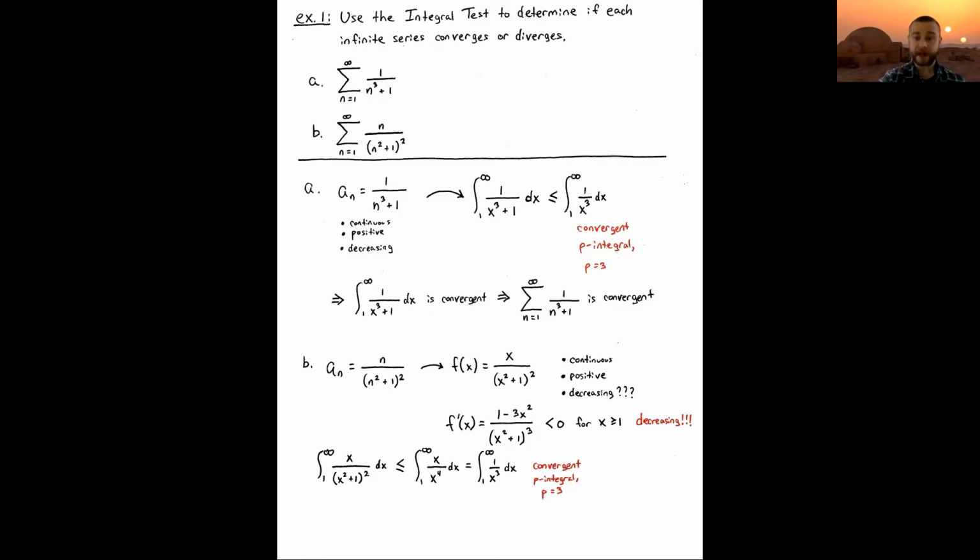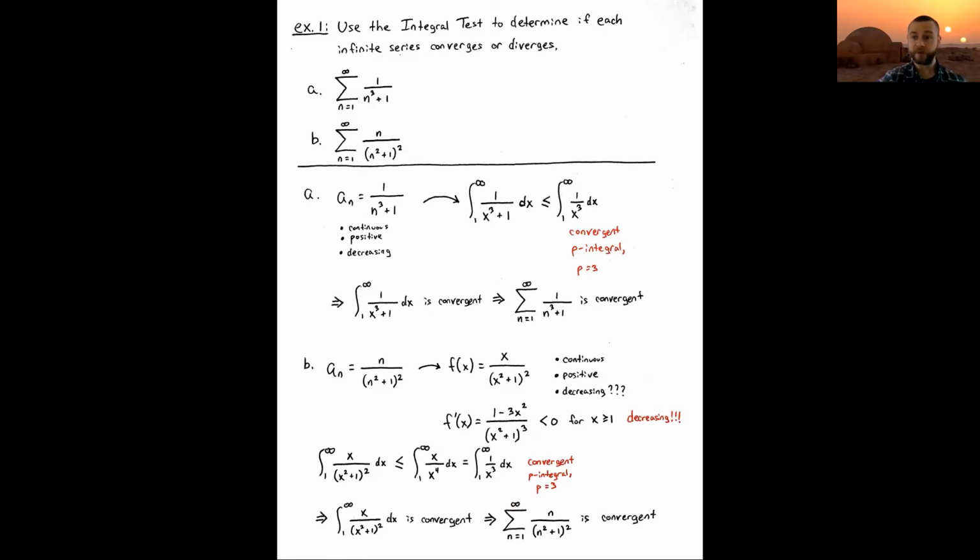All right, that whole mess, x divided by x to the 4th, simplifies to a simple reciprocal power, 1 over x cubed, which is, again, a convergent p integral, since the power p, 3, is bigger than 1. And if we work backwards, by comparison, our improper integral must also be convergent, since it's less than this convergent p integral.